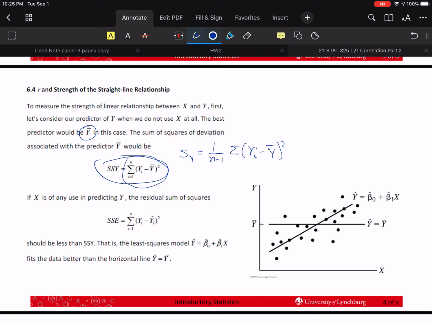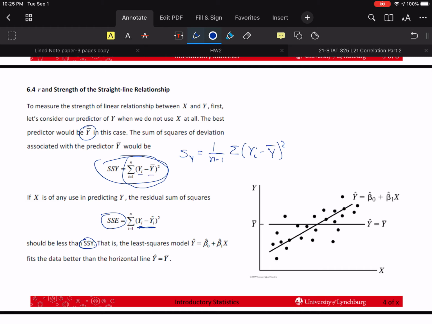And we're saying that if x is of any use in predicting y, the residual sum of squares, this y minus y hat quantity squared, or SSE, the sum of squares of error, should be less than SSY. Because the distance from y to the line should be less than the distance from y to y bar.